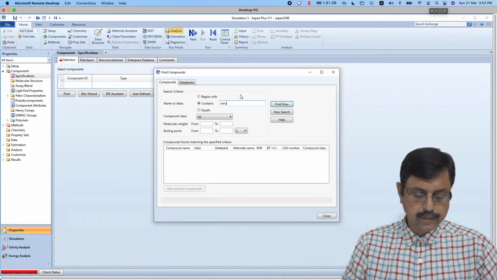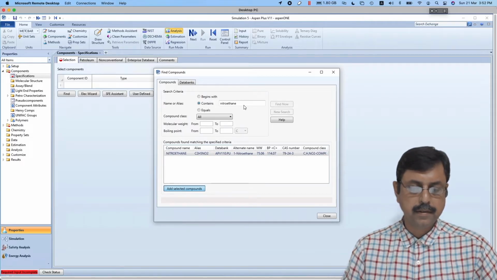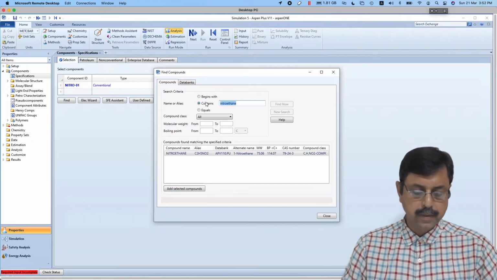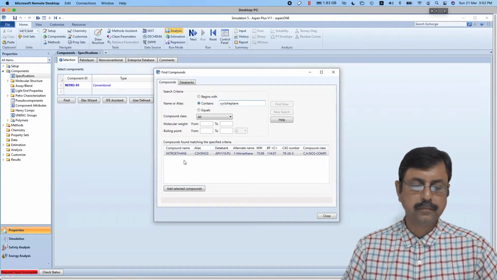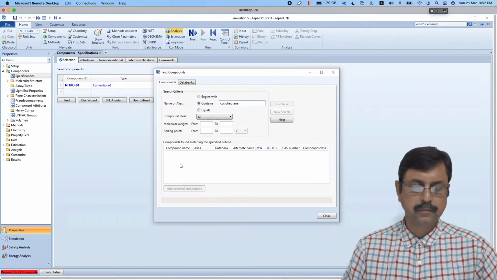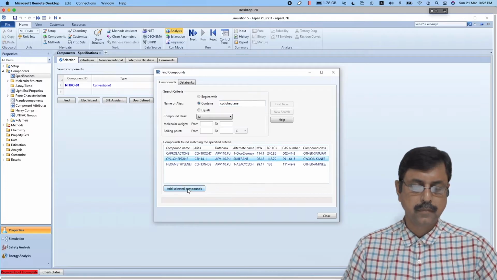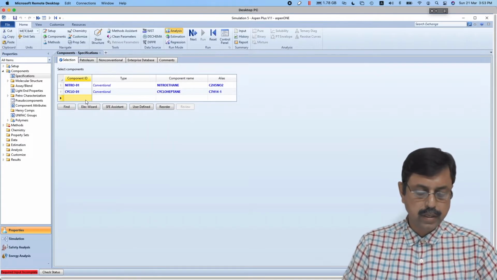So here, add those components: nitroethane, add it, then cycloheptane, add it, and finally we take ethanol.